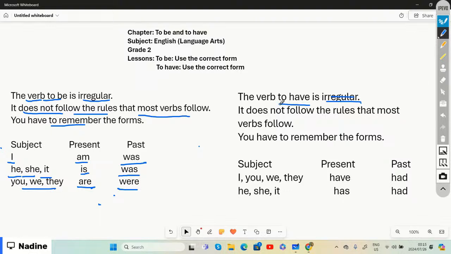So we see that even with the verb to have, it doesn't follow any rules, and you're going to have to remember the forms.